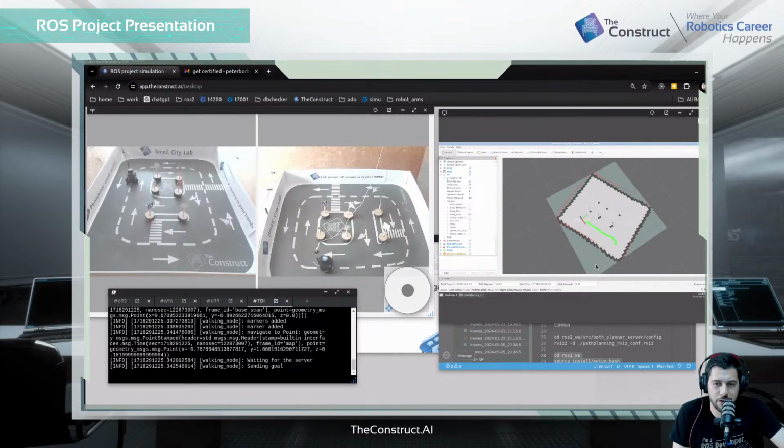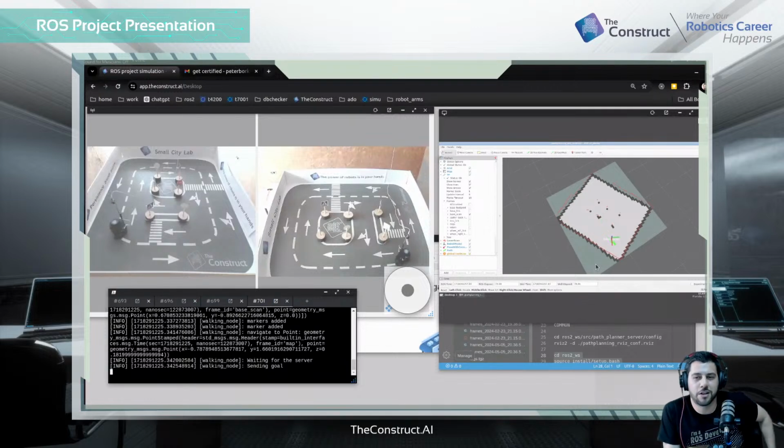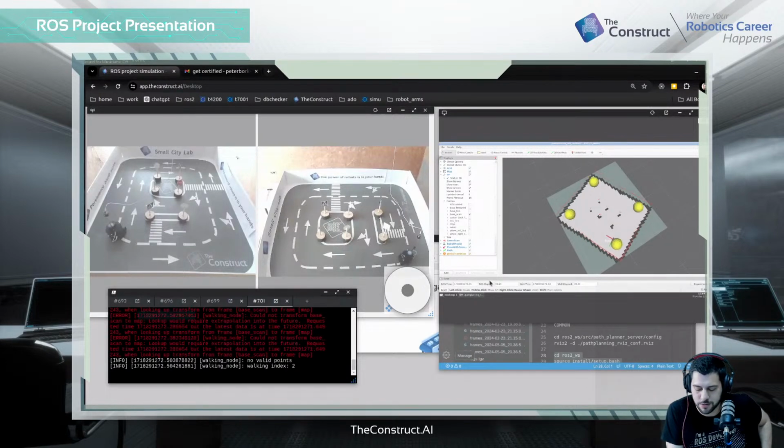I named it the Patrol robot because it goes round and round from one corner to the other. Let's see, now it's finished the goal, and we'll check again the corners after that and find the next one. Okay, here are the corners.